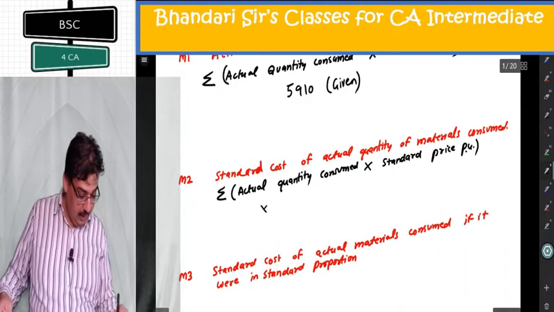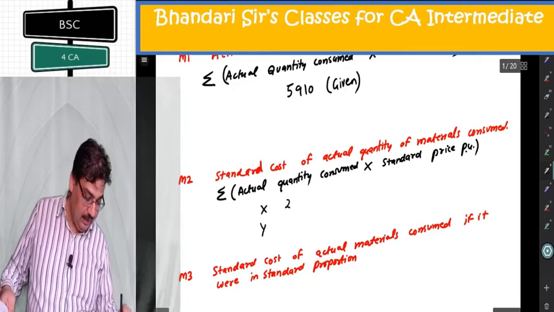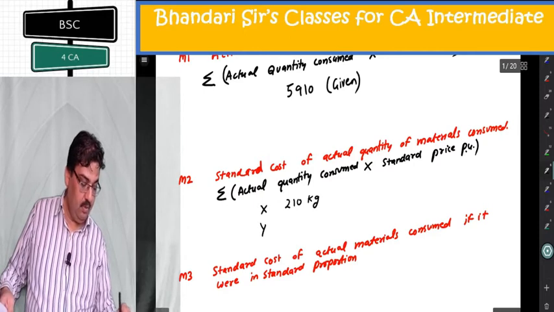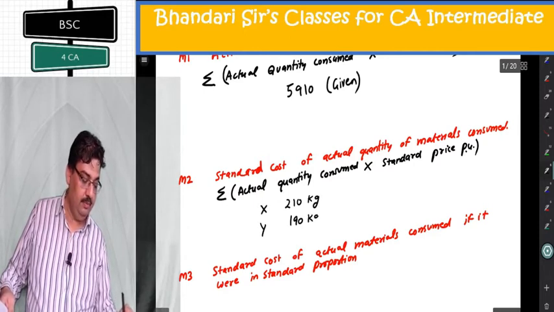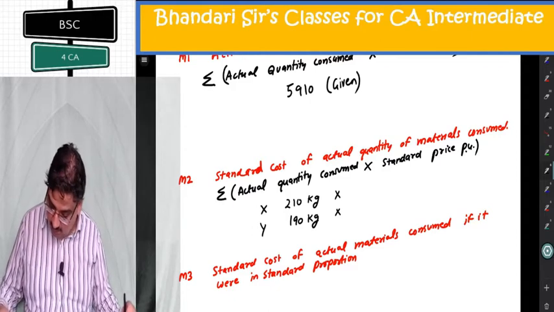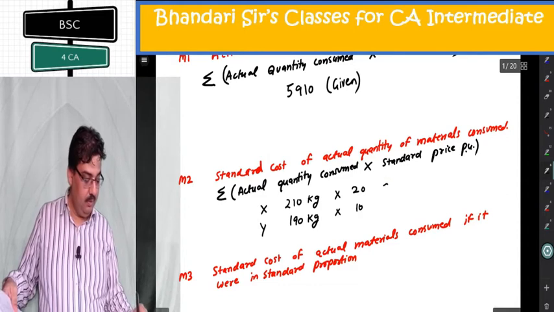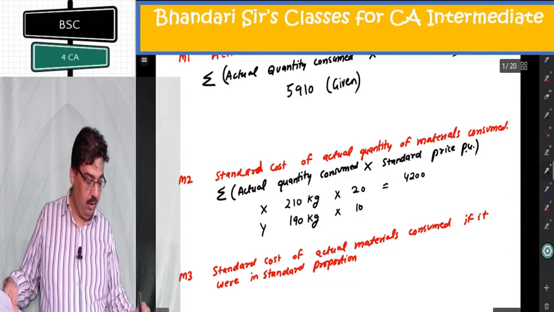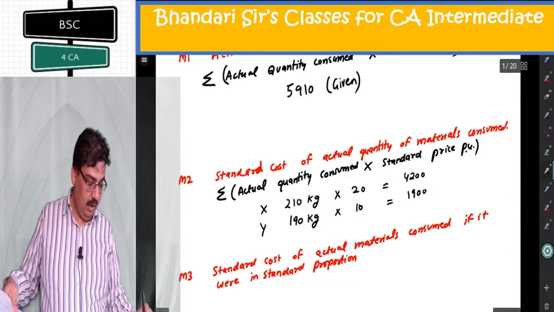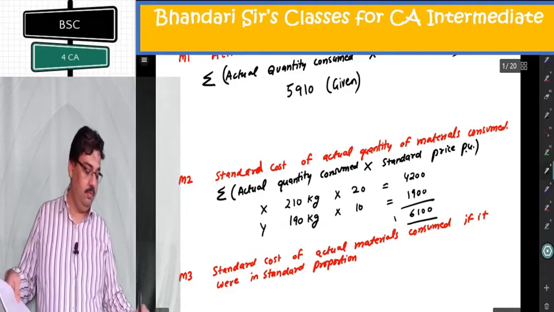Now the materials are X and Y. Actual quantity used 210 kg, 190 kg. Apply the standard rate on that, given along with the percentages here: 20 and 10. So what I am getting is 4200, 1900, 6100 is the total.